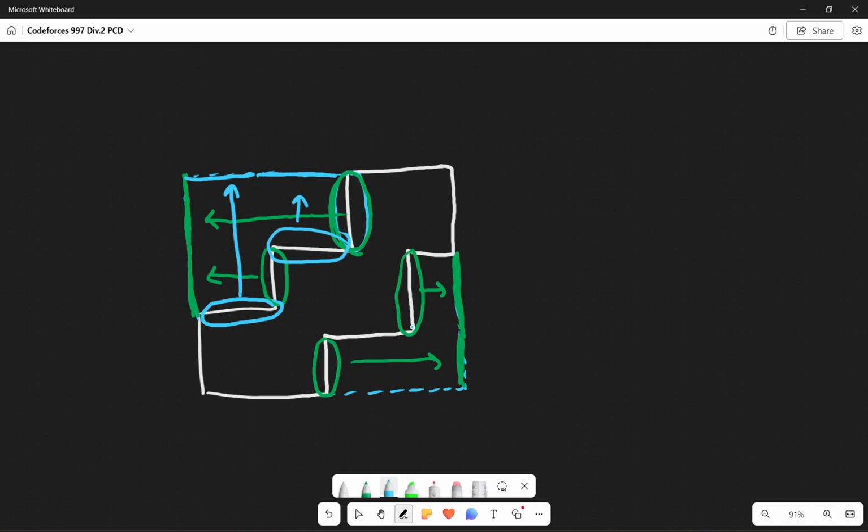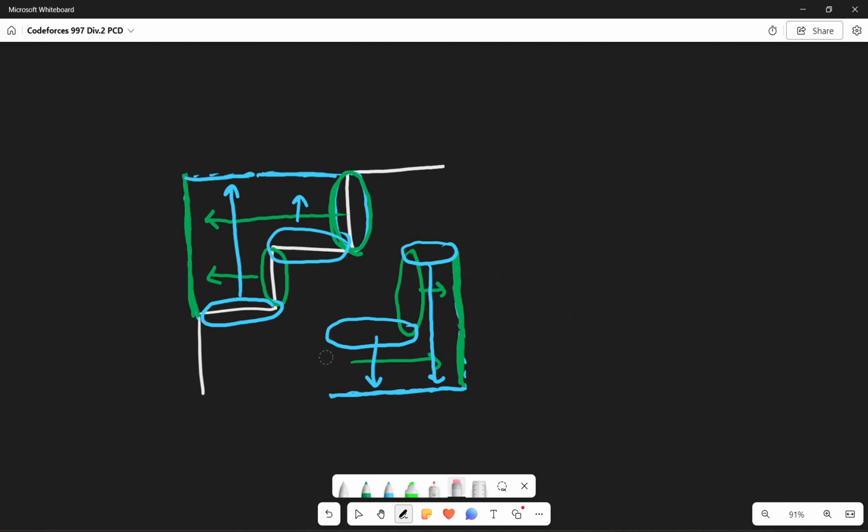I think you are basically getting the idea of the solution, right? It was a pretty easy problem, though not so easy for beginners, I would say. And we will erase all these parts.